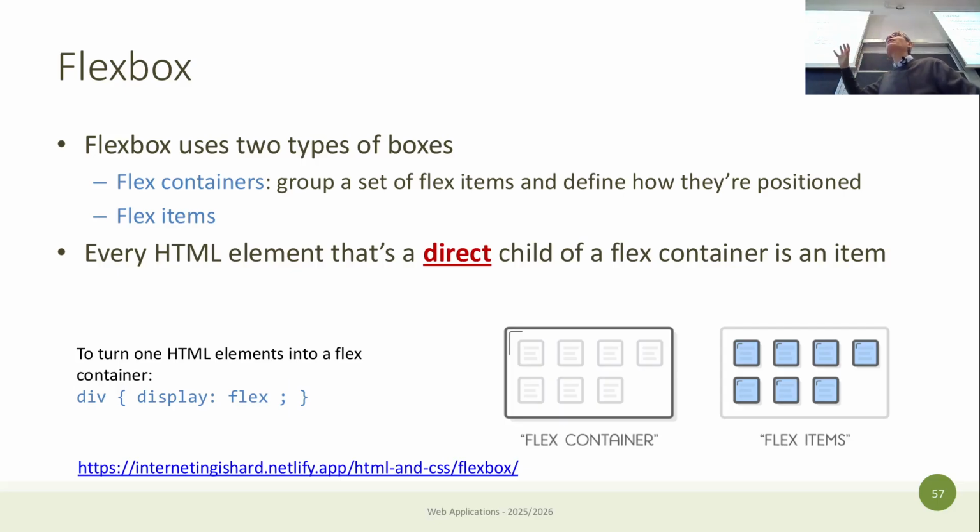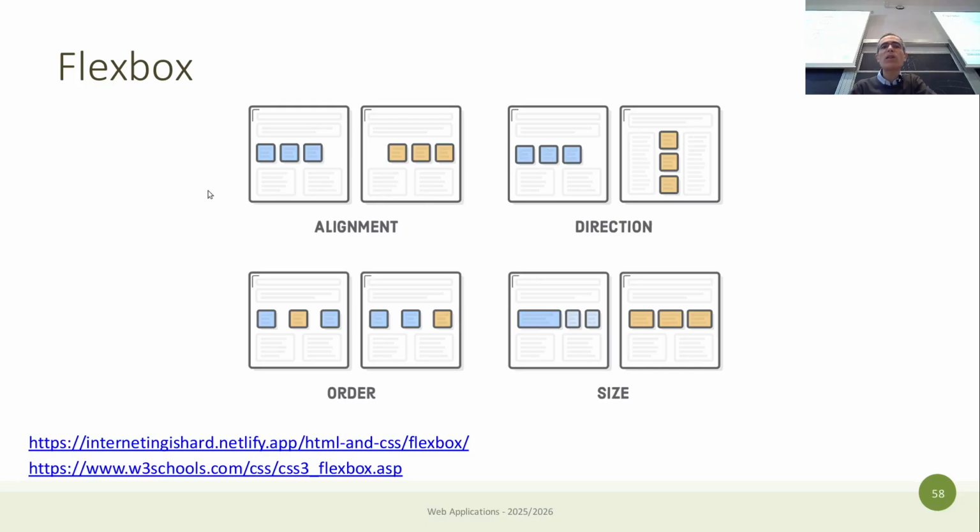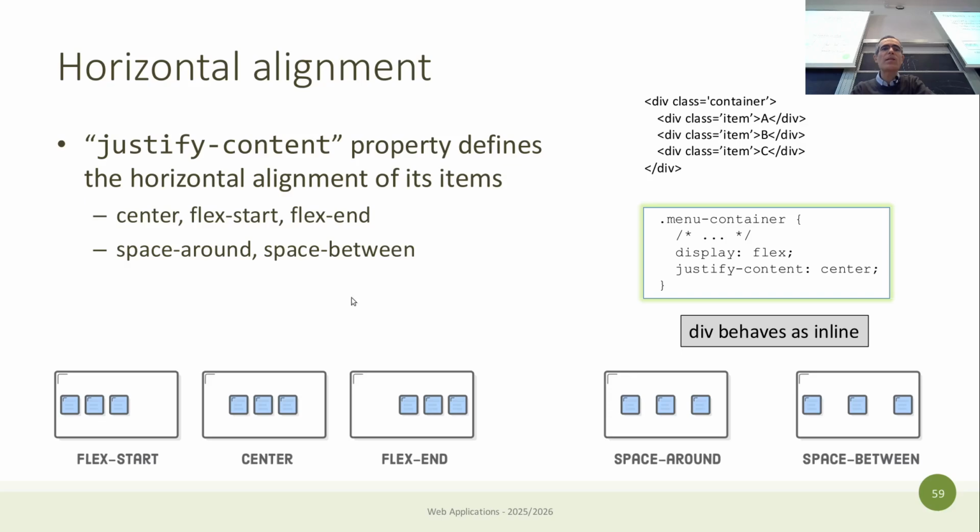So everything that is inside becomes a flex item. A direct child is a flex item, and then I can specify intuitive properties of these items to align them as we like, okay? Like we can specify the alignment, the direction, the order, the size, and so on, okay? Like justify-content center, okay? Just go into the center.